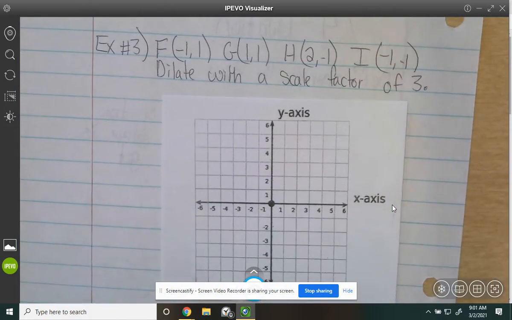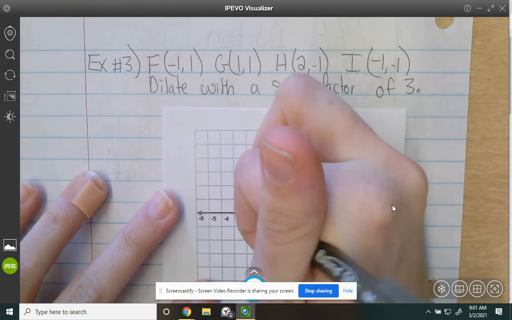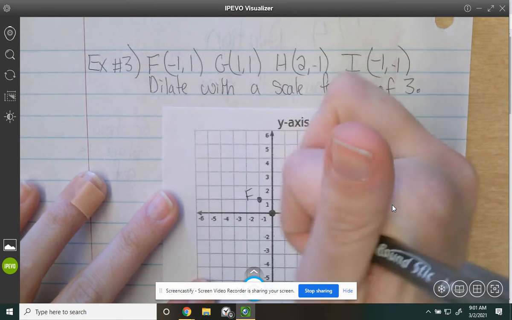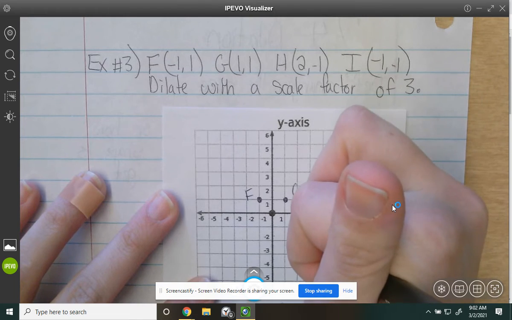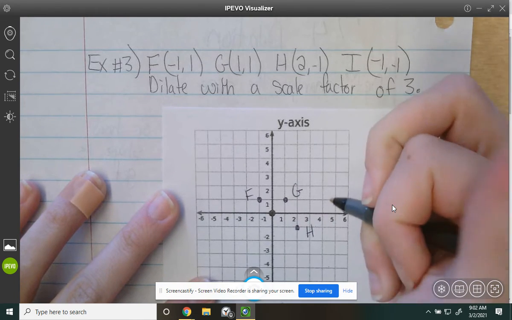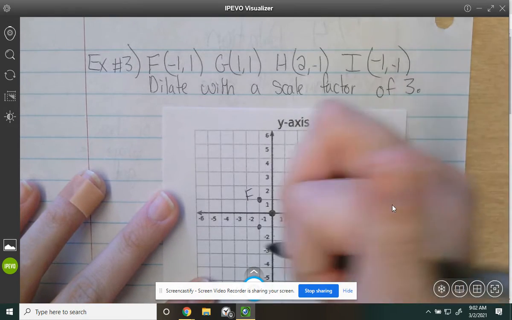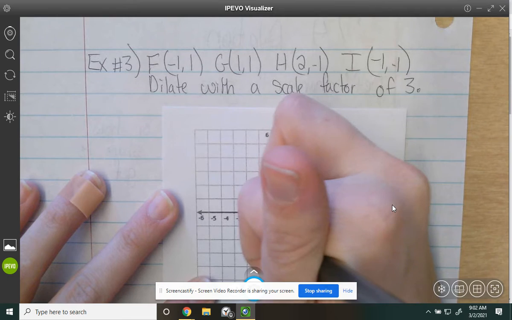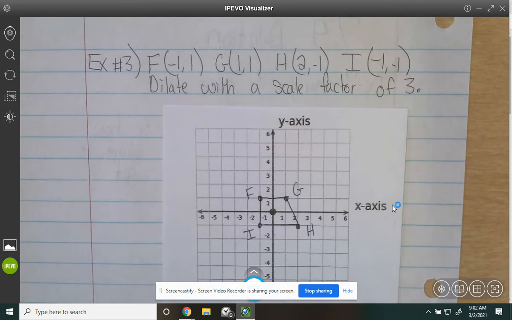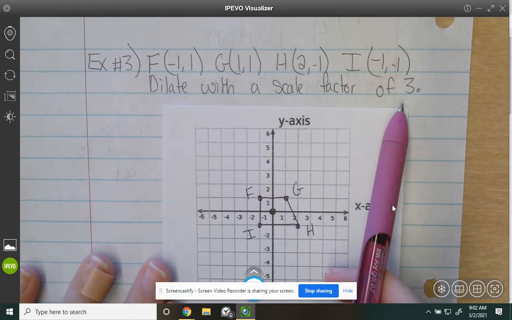Okay, I'm going to graph these original points and label them. Now dilate with a scale factor of 3.